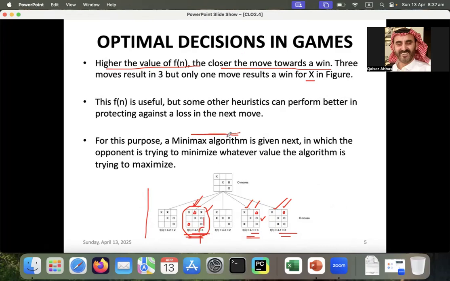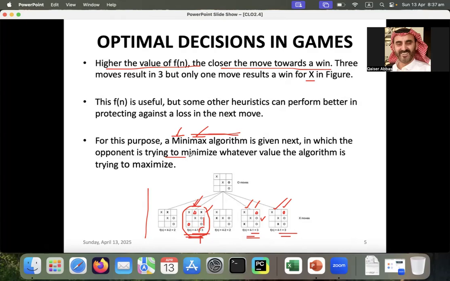In this algorithm, one word is min, other is max. It is again a two-player game. One player is the min player, other is the max player. Due to these min and max terms, the name minimax is given to this algorithm.